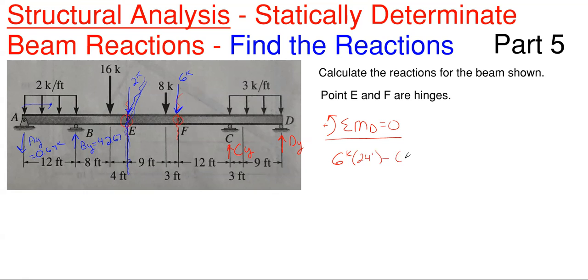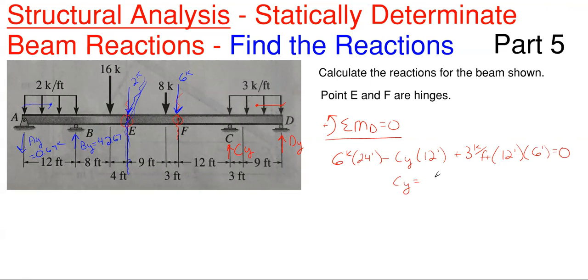And then I have CY assumed upward, so it'd be minus rotation times its distance to D, which is 12 feet. And then the 3 kips per foot will be rotating counterclockwise about D, so it's 3 kips per foot times the distance it runs, which is 12 feet, times the distance from its center over to D, which would be 6 feet. And that's all I have there, equal to 0.